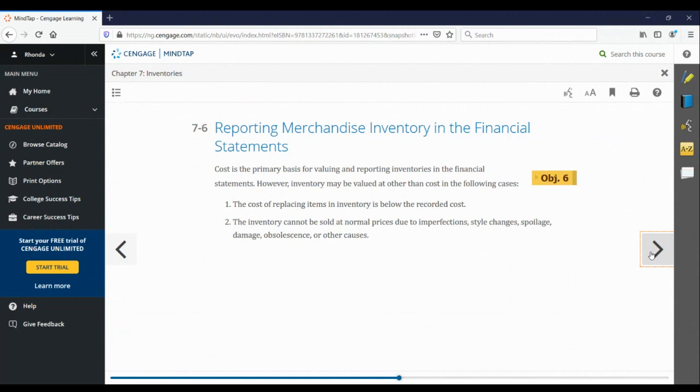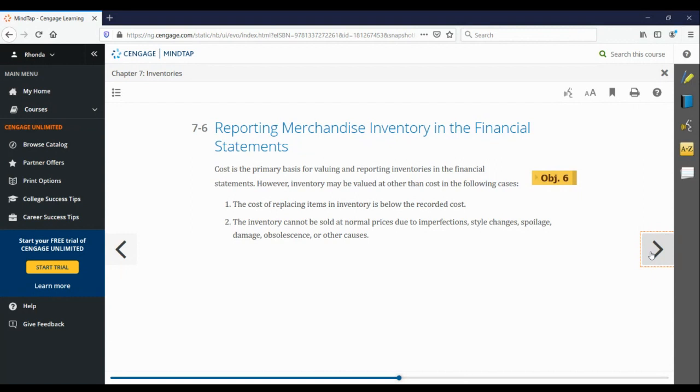And companies that use this will sometimes see changes in the cost of replacing their items of inventory. Sometimes the cost of replacing the items in inventory might actually become lower than the recorded cost that you have in inventory itself.